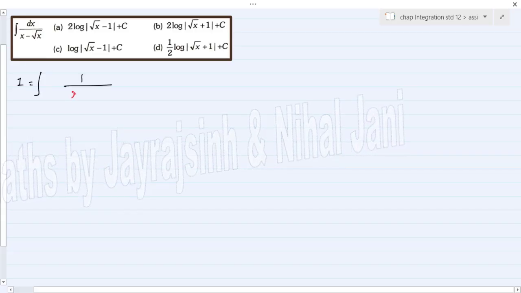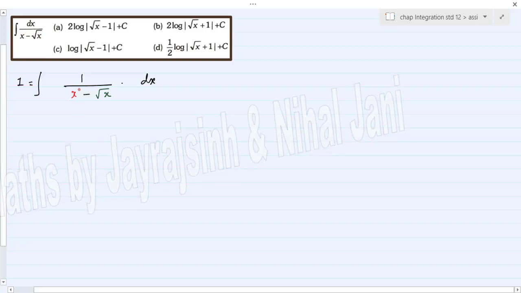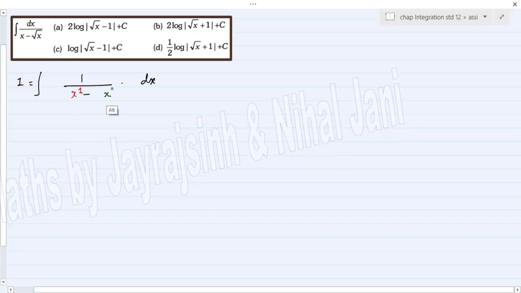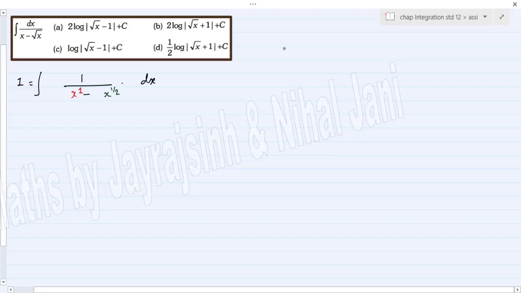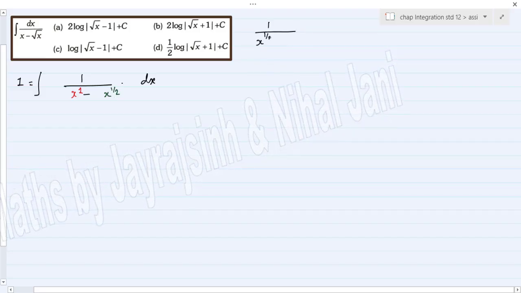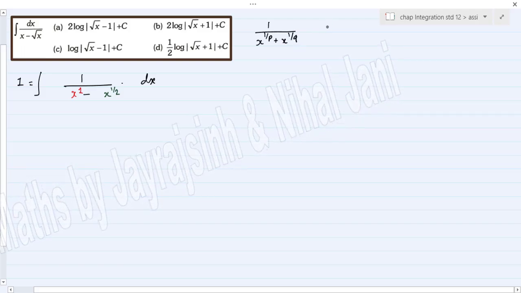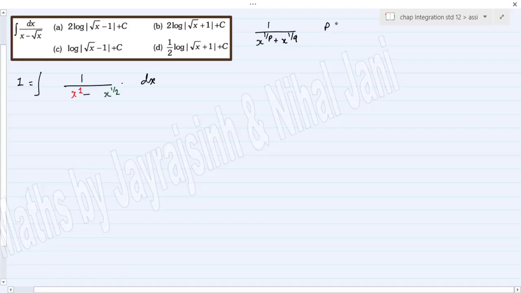Here we have to integrate 1 upon x minus root x, or we can say here we have x raised to 1, x raised to 1 by 2, which is in the form of 1 upon x raised to 1 upon p plus x raised to 1 upon q form, where p is less than q.